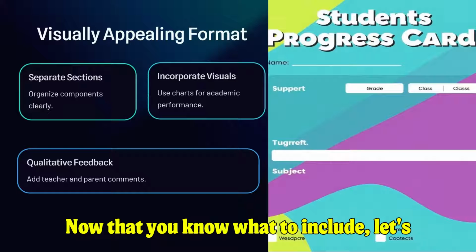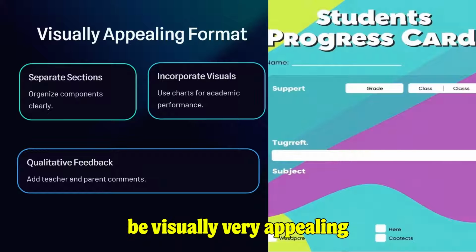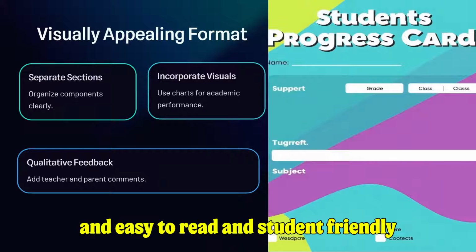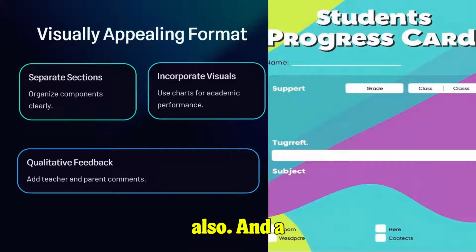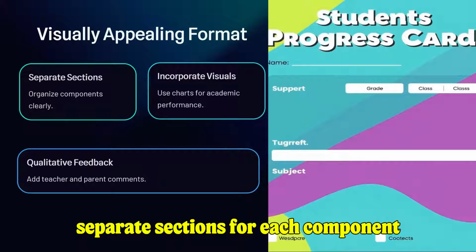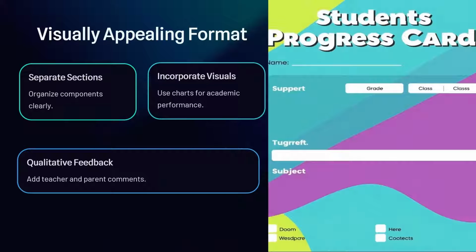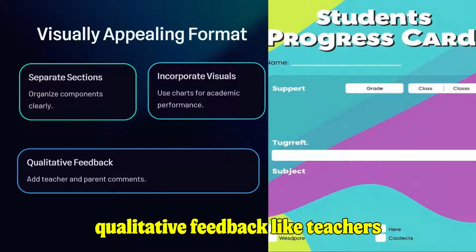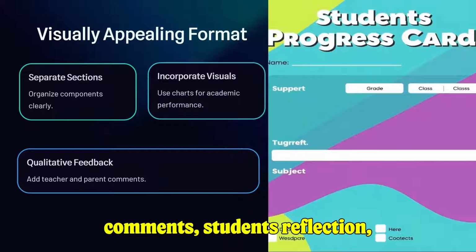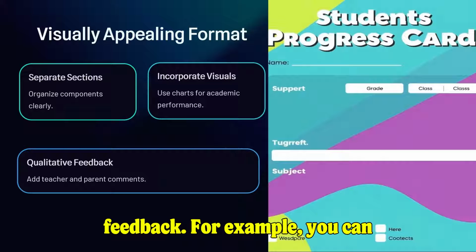Now that you know what to include, let's talk about the format. The design should be visually very appealing, easy to read, and student friendly also. A few ideas I would like to share. Use separate sections for each component, and you need to incorporate visuals for academic performances, and you need to leave space for qualitative feedback like teachers' comments, students' reflection, self assessment, and also parents' feedback.